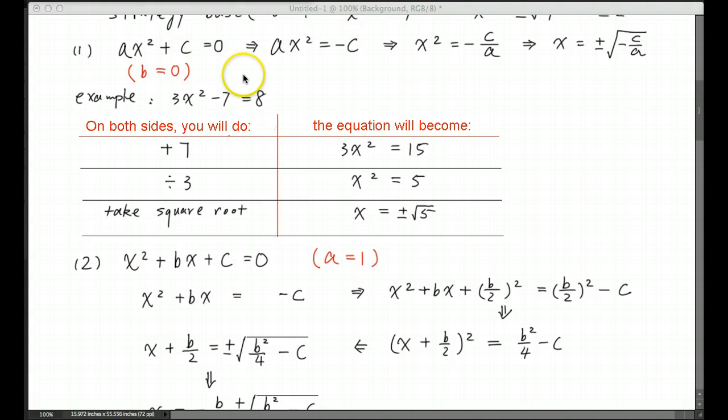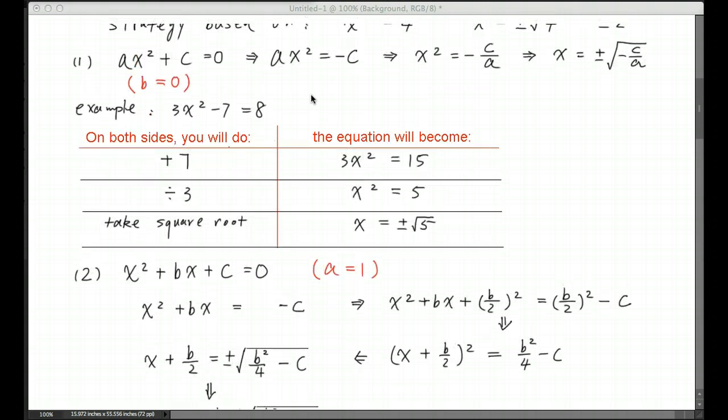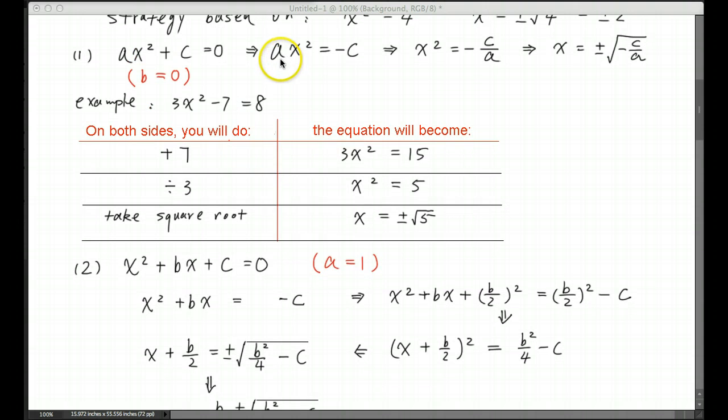So obviously it's a little bit more complicated than the original one. What we need to do is subtract c on both sides, so the c goes to the other side and becomes negative c. Then you divide by a on both sides, so you get x squared equals negative c over a. This one looks like a negative, but it may not be, because it depends on what c and a are.